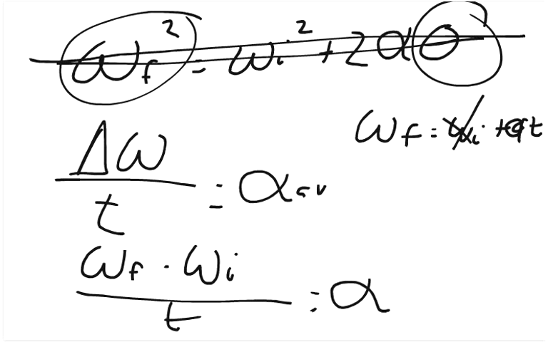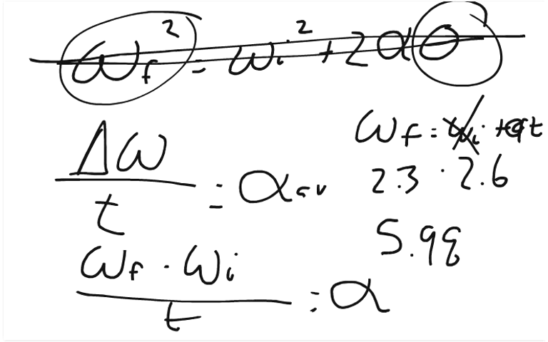When you plug in, that's 0 plus 2.3 times 2.6, which equals 5.98 radians per second. So that's part A.